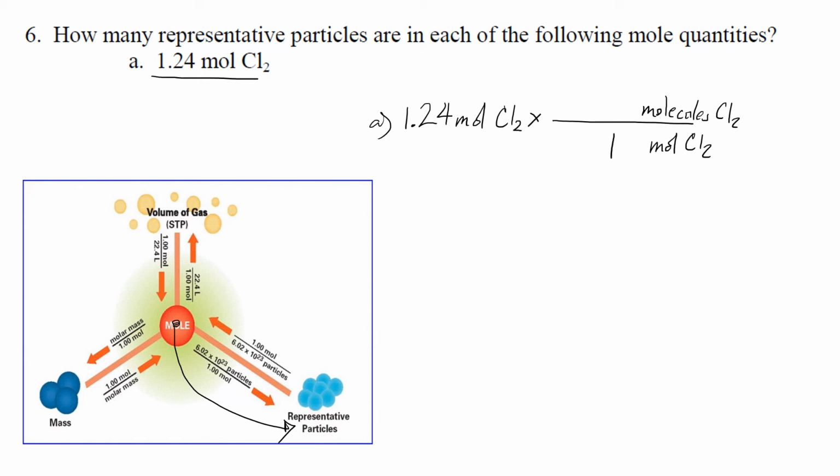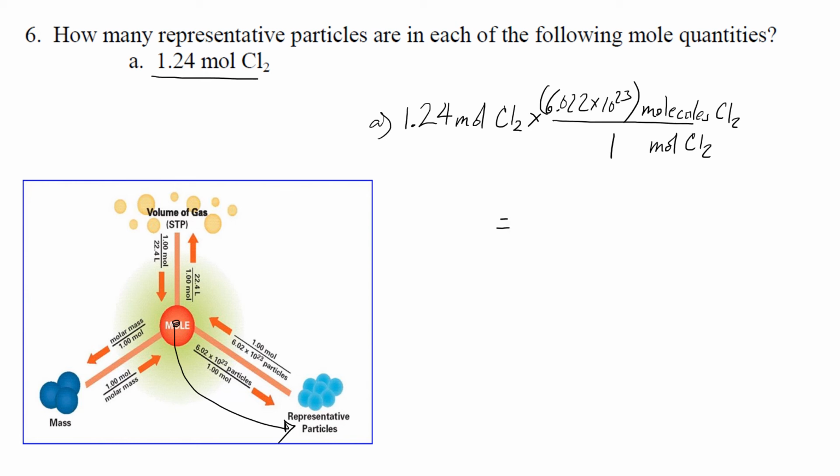And of course, 1 mole is 6.022 times 10 to the 23rd molecules. So all I got to do is multiply across. Really good idea to have Avogadro's number in its own parentheses, because many calculators will just mess up on you. So make sure that the entire number is in its own parentheses.